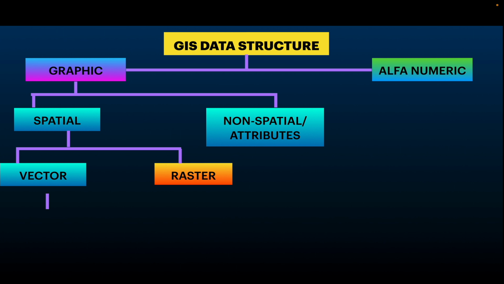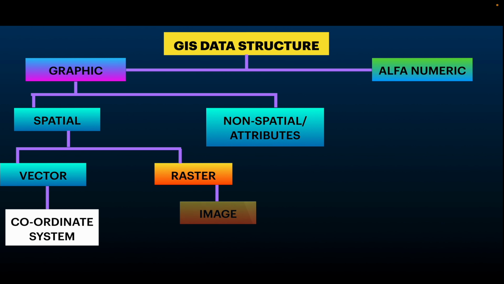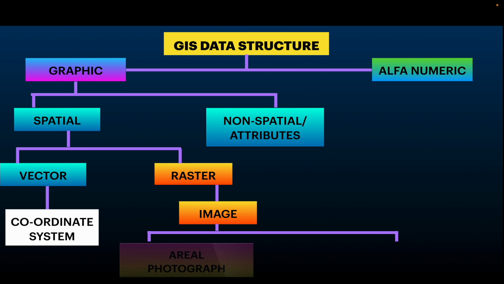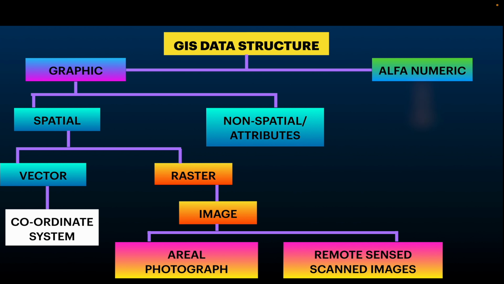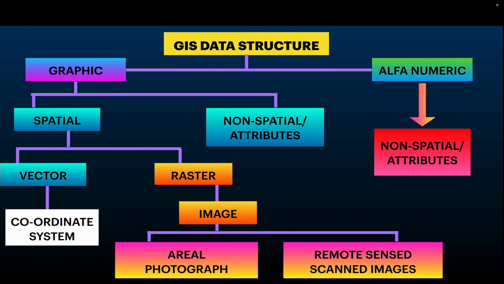Rasters are basically image files. Vectors are basically shapes, and rasters are the images captured using remote sensing satellites or aircraft or drone images of the surface of the earth, aerial photographs and remote sensing scan images. Alphanumeric non-spatial attributes.